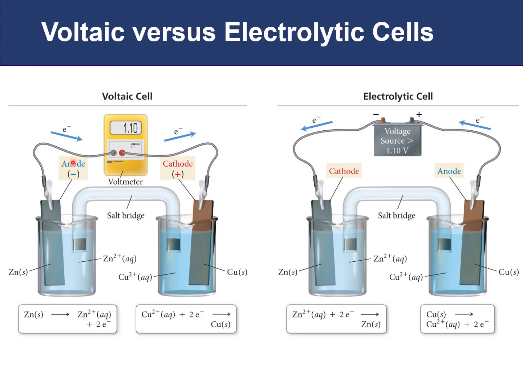For the voltaic cell, the reaction is going in one particular direction, and in the electrolytic cell, you can have the exact same reaction, but it will be going in the opposite direction. So the voltaic cell uses the spontaneous direction of your particular setup to produce energy. The electrolytic cell will force the reaction to go in the non-spontaneous direction.